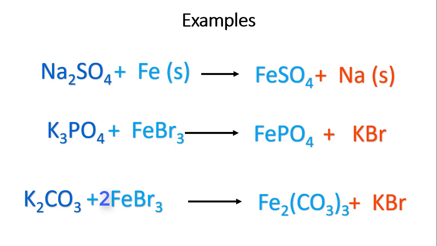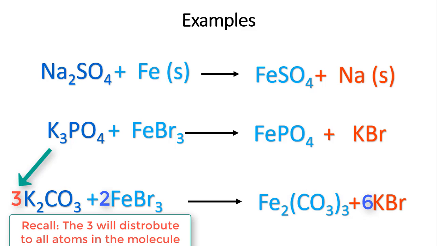So now let's deal with bromine. If I go over to here and I put a 6 in front of KBr, now I have 6 bromines, but I also have 6 potassiums. Now I need to balance out the potassium. So if I put a 3 in front of potassium carbonate, that's going to give me 6 potassiums, just like on the other side, but it also gives me 3 carbonates. And that also takes care of that because there are 3 carbonates on the right side, right?